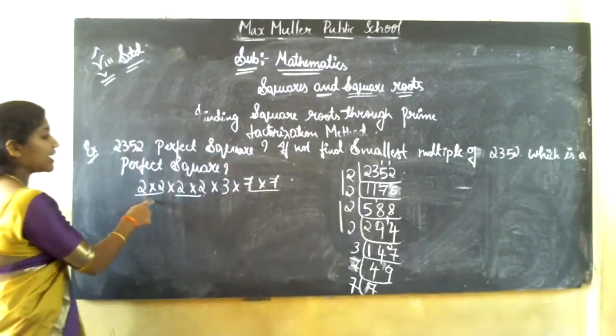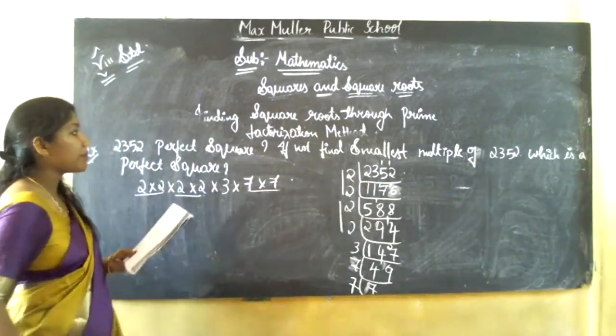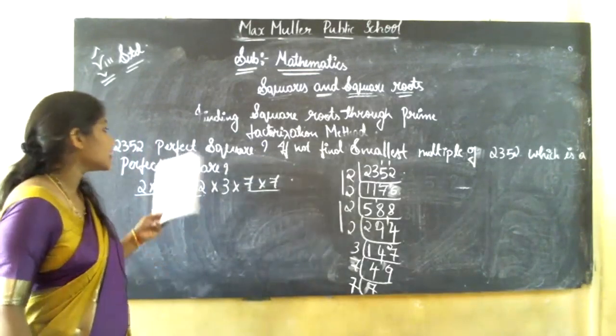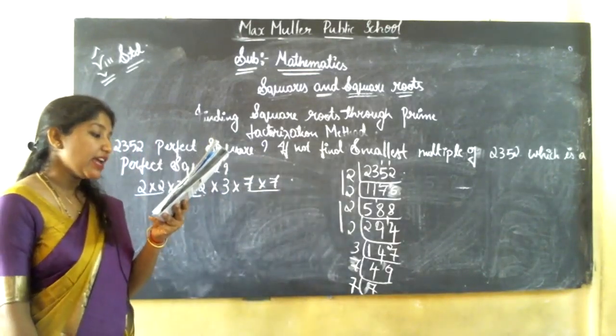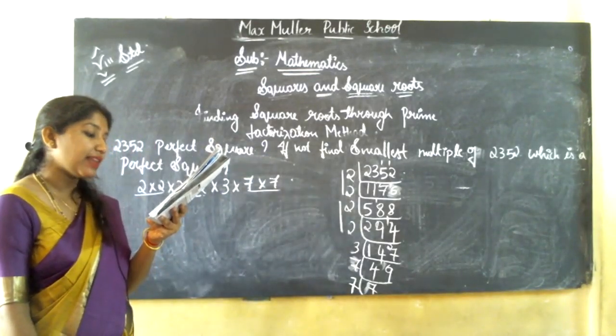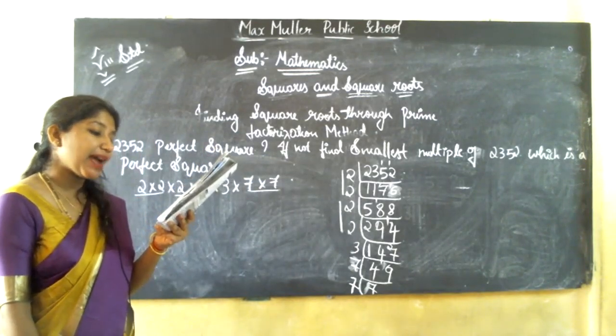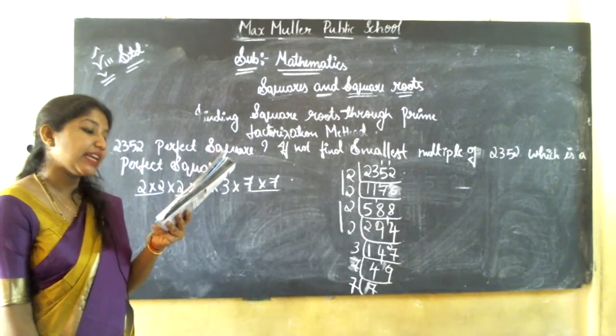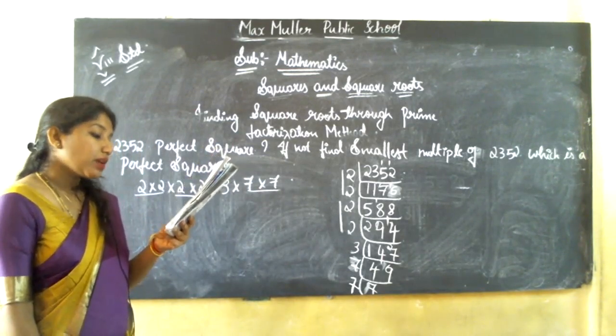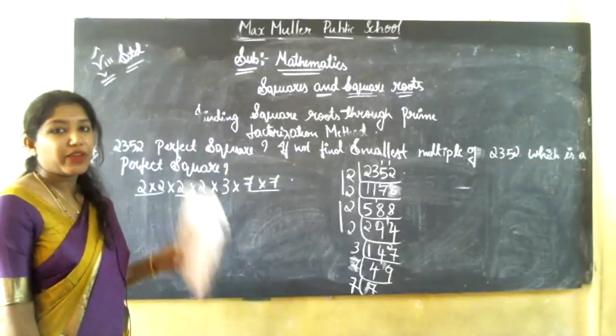Understood? But here there is no pair for 3. By that you can conclude that this is not a perfect square. If 3 gets a pair, then the number will become a perfect square. So multiply 2352 by 3 to get what? A perfect square.